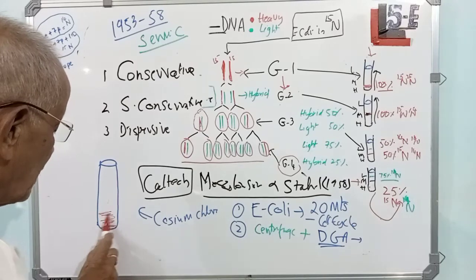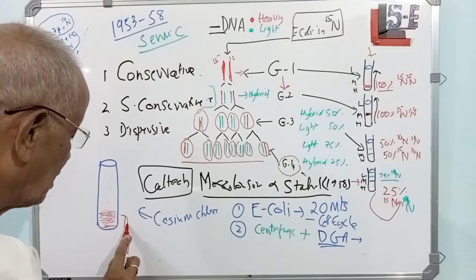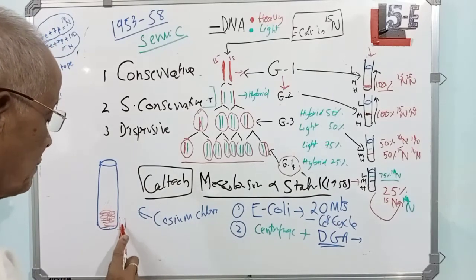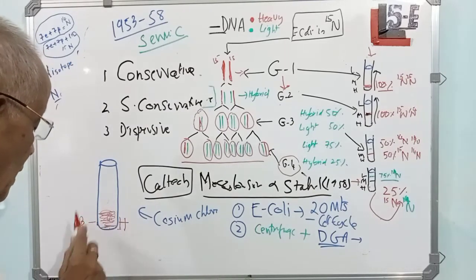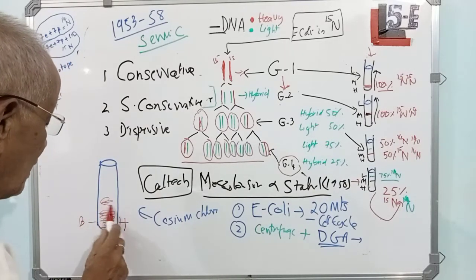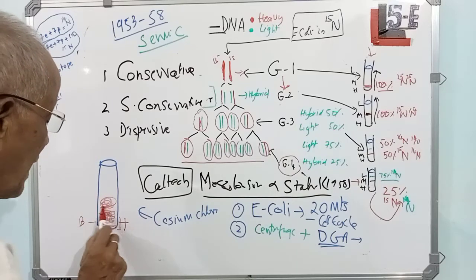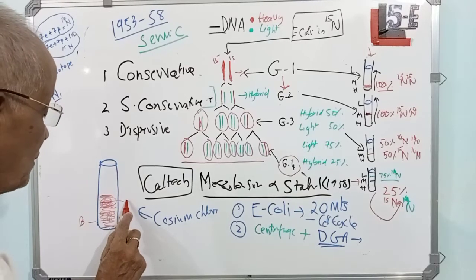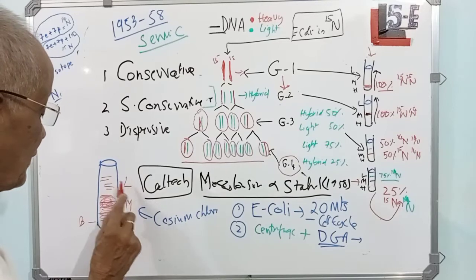One level will be the heavy and denser material, we can call it the heavy fraction, which will settle down at the bottom. And the next one, the little lighter one, will be in the middle, and still very light one will be in the third one.